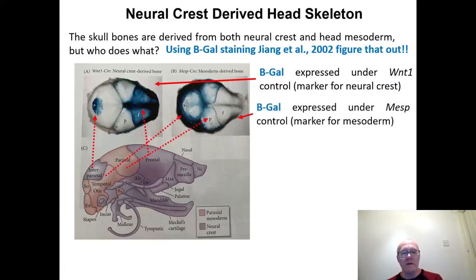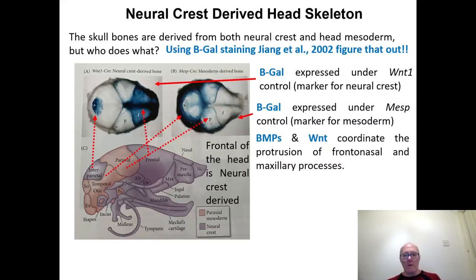While when they used beta-gal under control of Mesp1, which is a marker for mesoderm, other bones were stained, and in particular the parietal and the temporal bones. So they were able to figure out which bones originate from which tissue. So the frontal part of the head is derived from the neural crest.